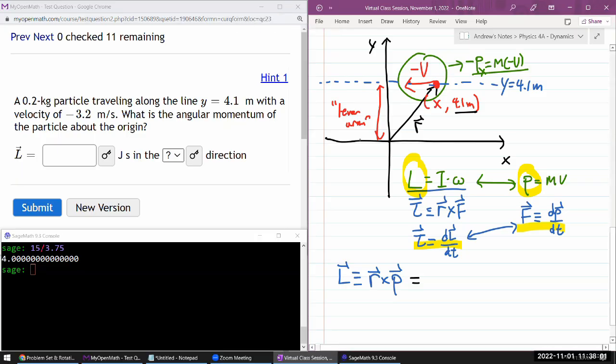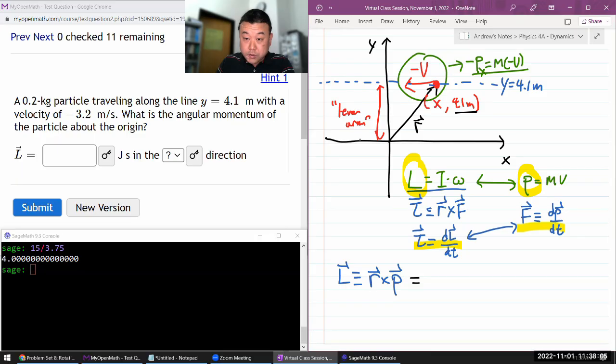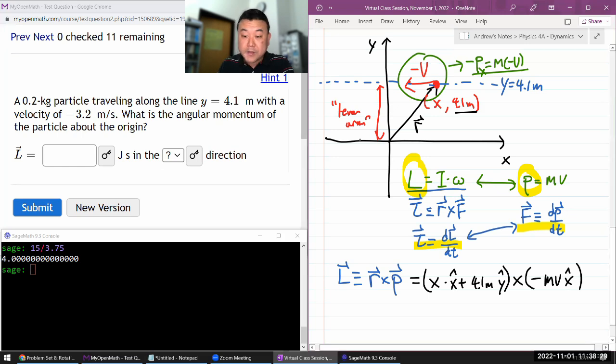So we are doing this cross product between the displacement vector, x x hat plus the 4.1 meter y hat, that's my r vector, cross product with the momentum vector, which is just minus mv x hat. It only has x component.